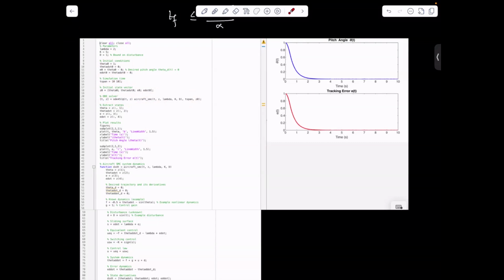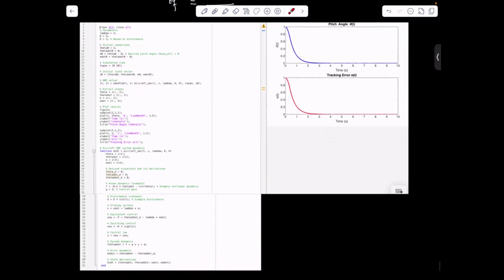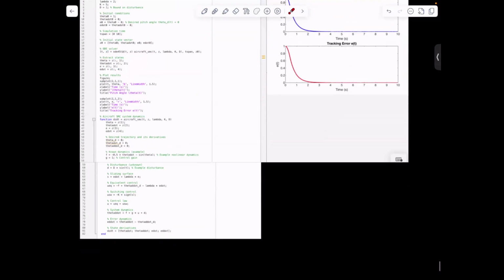Basically, there are 4 states, and these are the states we extract from Z, because Z has 4 components. And these are the plots of the states.